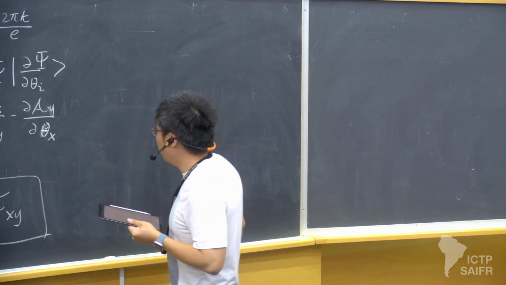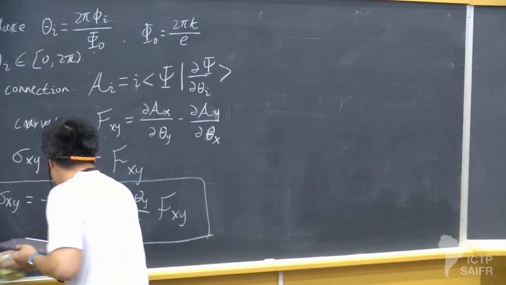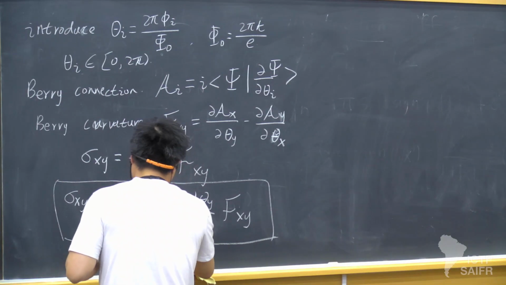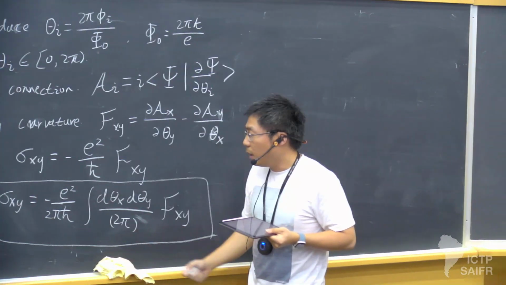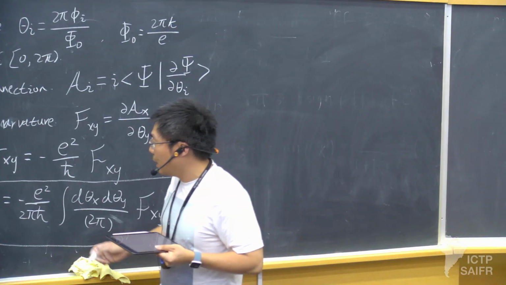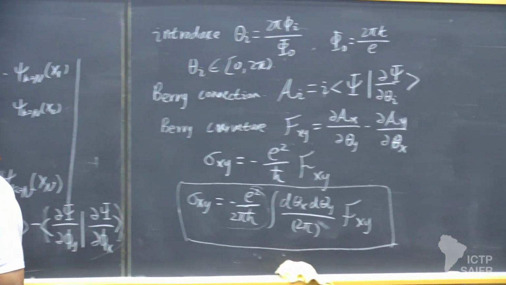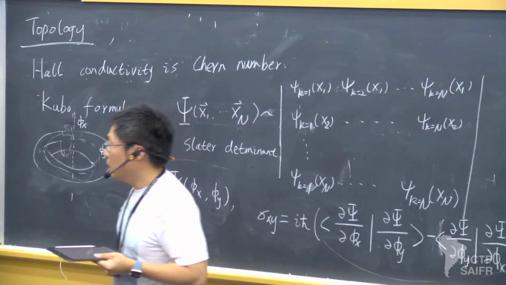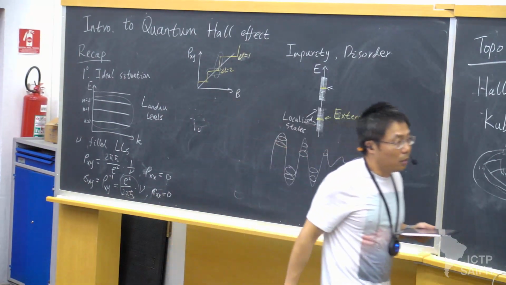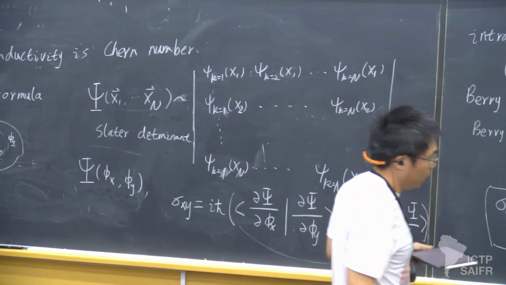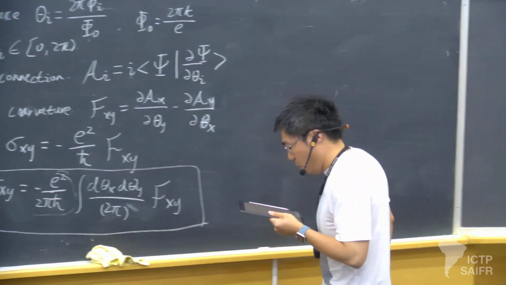And formally, the definition of the Chern number, so let's rewrite it a little bit. We put 2 pi here, and leave only 1 over 2 pi here. You will recognize that this piece is really just the one that we have for the Hall resistivity or conductivity right here, right? And the second piece, the thing in the integral, is called the Chern number, that we will show will be quantized.